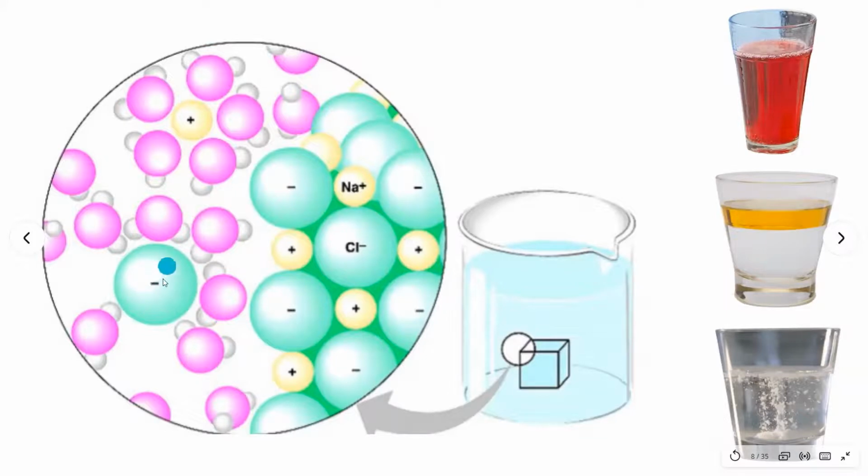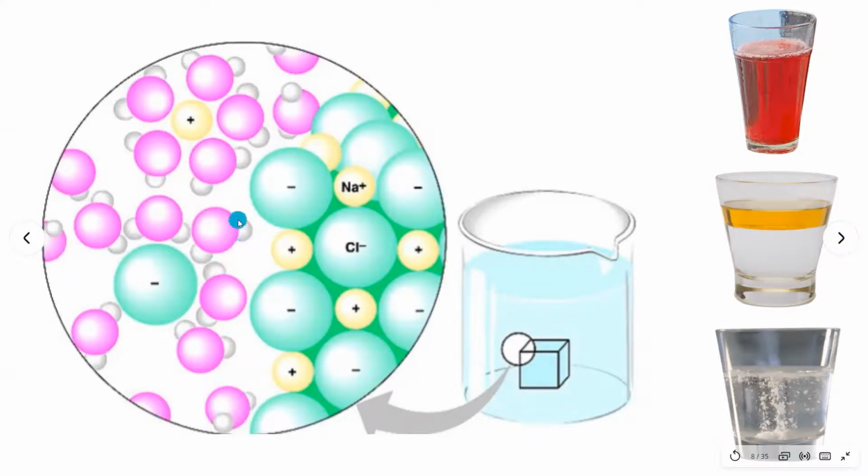And so if something dissolves in water, what has to happen first is that the attractive forces, the weak intermolecular forces between the waters, the solvent, have to break. And the attractive forces between the solute, between the ions in sodium chloride, have to break. And then new attractive forces have to form between the particles of the solute and the particles of the solvent.